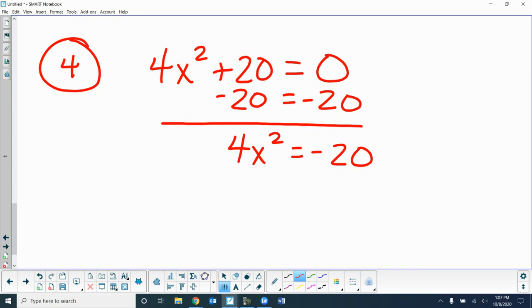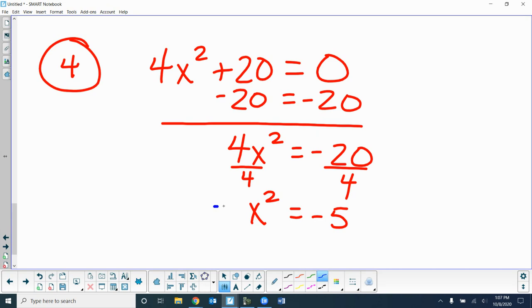But the squared part is not alone yet. So move the 20 first, then divide by 4, then take your square root. What is 20 divided by 4? 5, right? Go ahead and do that.